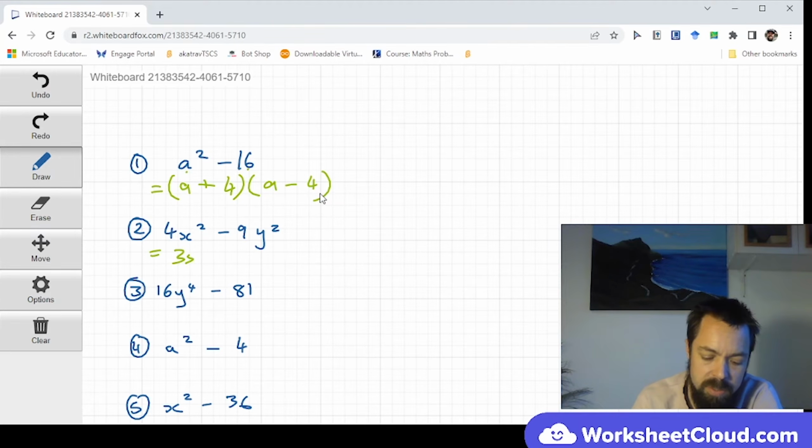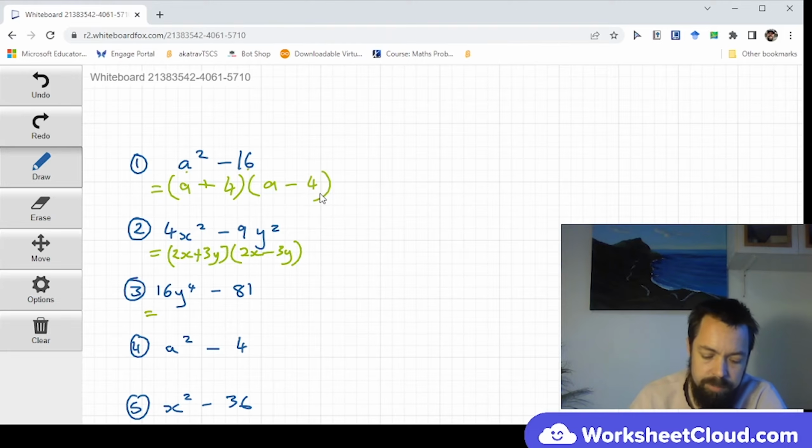And so we can't take the square root of 3. All right, so I've got a difference. I've got two terms where they are perfect squares. So I'm going to have an answer that is in this format, two brackets, one plus, one minus. Square root of 4 is 2, square root of x squared is x, square root of 9 is 3, square root of y squared is y, 2x, 3y.